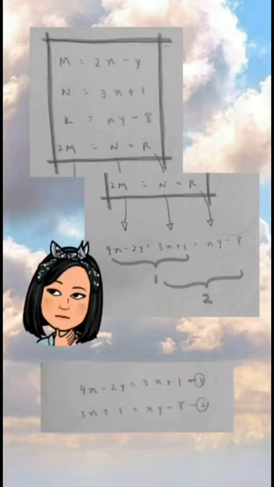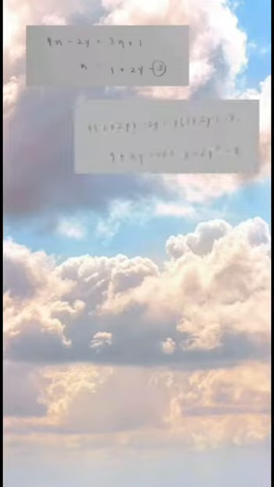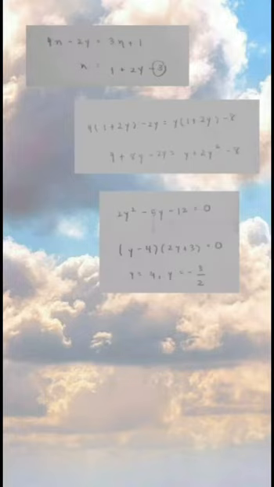How to get the third equation? Okay, so for the third equation, you need to solve the first equation, which is 4x minus 2y equals 3x plus 1, and you will get x equals 1 plus 2y. Then you need to substitute variable x into equation 2. So the answer needs to change into general form, which is 2y² minus 5y minus 12 equals 0.